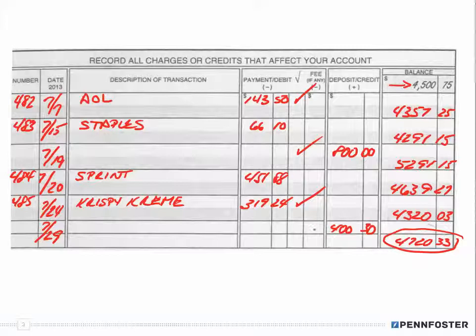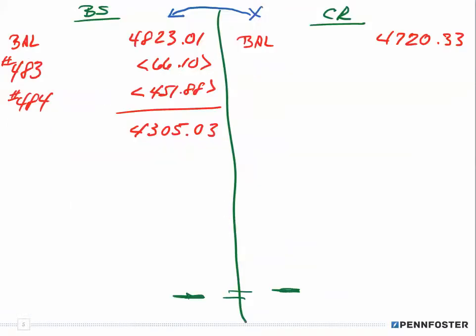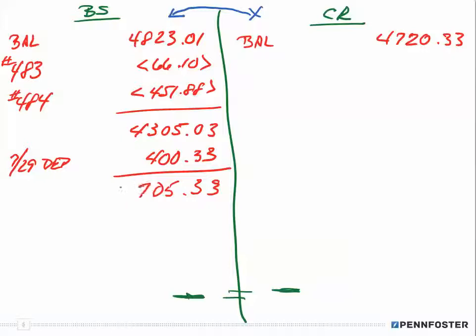And I have this deposit here of $400.30 that is not on my bank statement. So I have to add that in. So I have a deposit from 7/29 for $400.30. When I add that in, okay, so my reconciled balance is 4,705.33. And again, this should equal whatever the balance is in my check register, but we're not there yet.